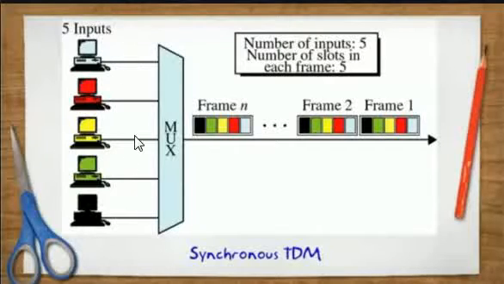Similarly, the second inputs of all PCs are grouped into frame 2. Via the medium, all these frames or packets are transferred to the multiplexer on the other end of the transmitting media, from where all packets are again divided among their respective PCs. This is how synchronous TDM works.